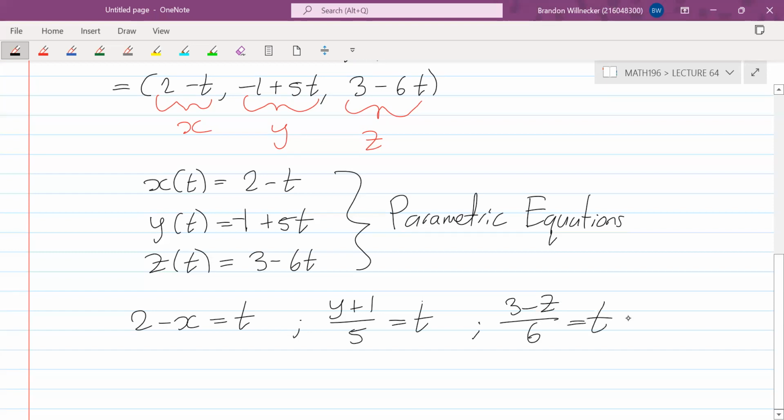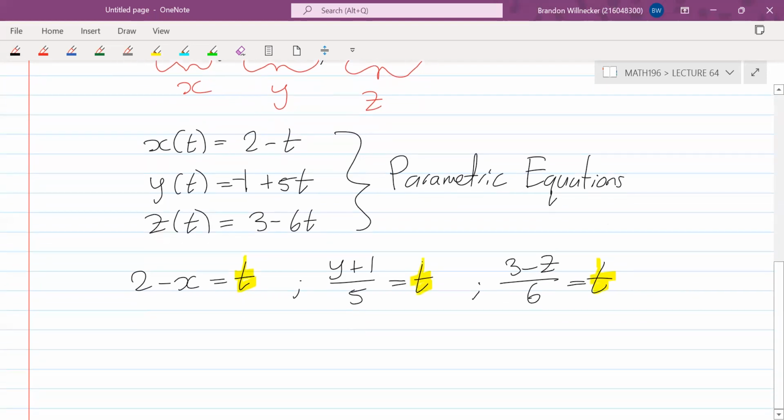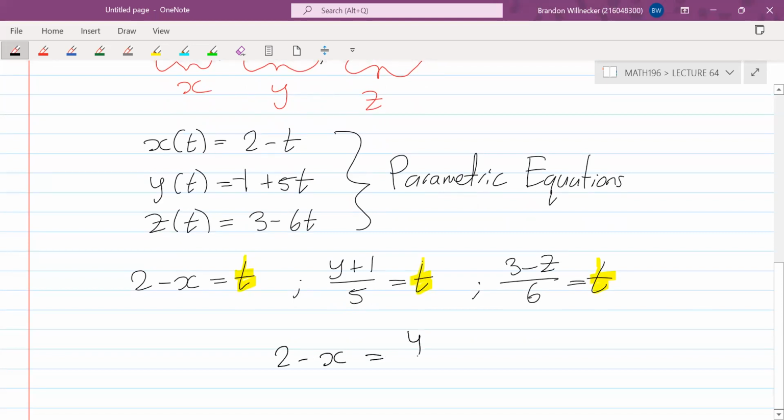Okay, so with each equation, we have solved for t. So the first one, the second one, and the third one. Now that all of them are equal to t, it means that they are all equal to each other. So we can write down 2 - x is equal to (y + 1)/5, which is equal to (3 - z)/6.